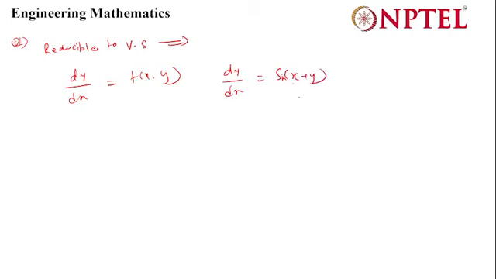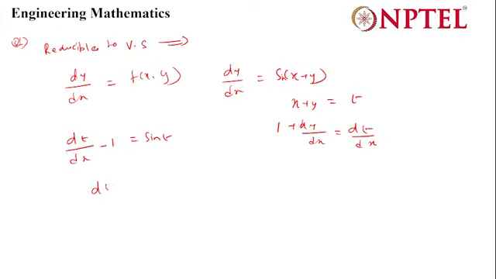Here, simply assume x plus y is equal to t, the way we used to do in 12th standard, and replace it. Then it will be converted as dt by dx minus 1 is equal to sin t. Now it is reducible, it is converted into variable separable.